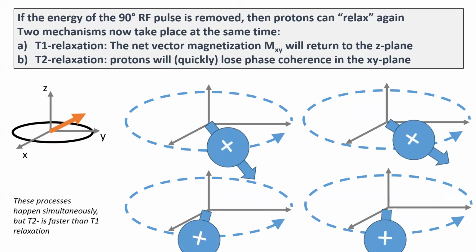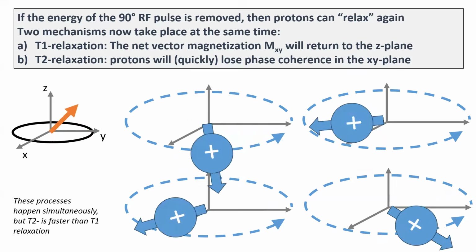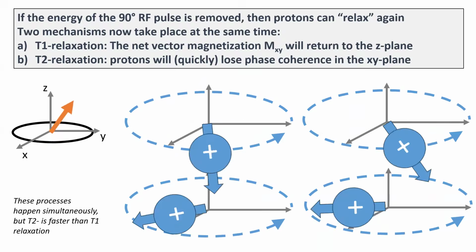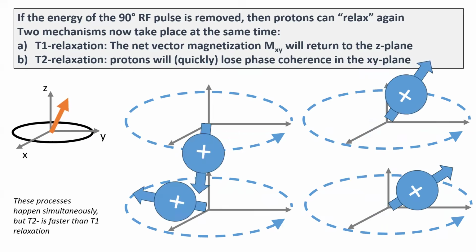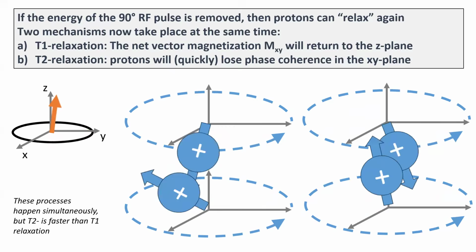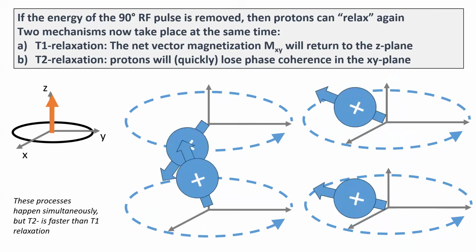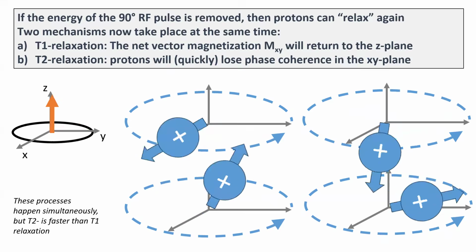And what's happening also, the protons will lose their phase coherence. So initially they were precessing in phase, they will lose that precession in phase. So these are two independent, well, not completely, but let's consider them completely independent for the sake of this presentation to keep it easy.